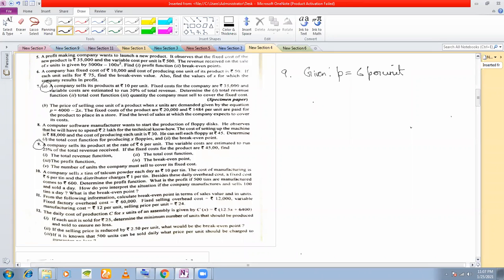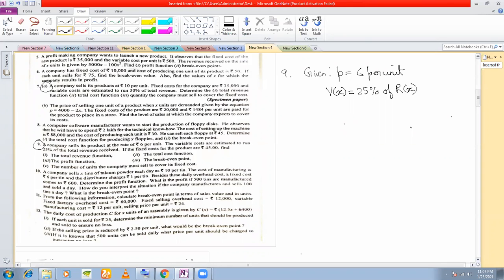And the variable costs are estimated to run 25% of the total revenue received. So variable cost here, Vx, is equal to 25% of total revenue received. That means 25% of Rx, right?